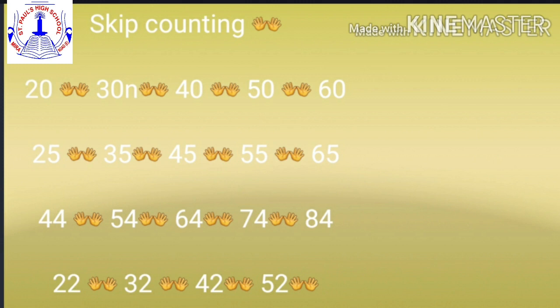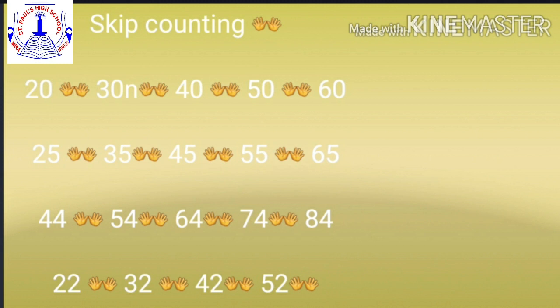Then after 54 which number will come as answer in skip counting 10, children? Again 4 you will write in ones place as it is, and after 5 which number will come? 6. So you will write 6 in tens, and your number will become 64. Then after 64 in skip counting which number will come as your answer? Yes, 74. How? 4 you will write in ones as it is, and after 6 which number comes? 7.